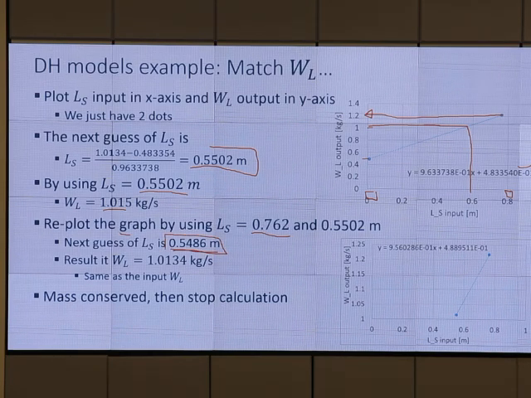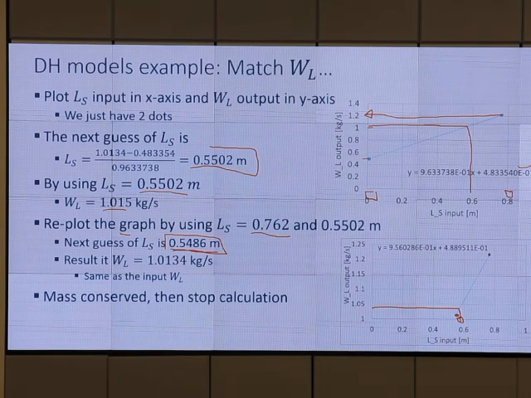It's like linear interpolation between those two points. So I plot this and that, and then I find the value that gives me that from the linear line. So this is actually better than bisection. I have two points, I assume linear, and I use the point in the middle.